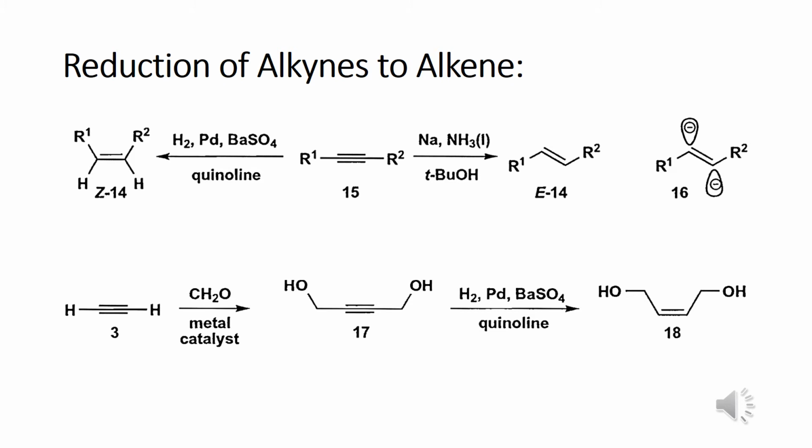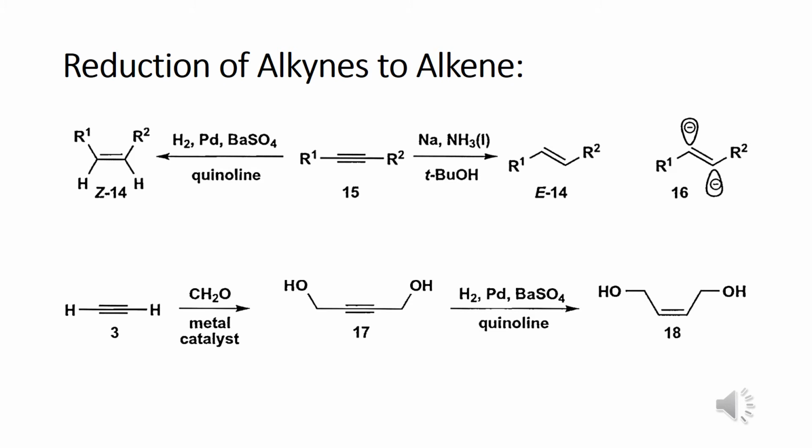Catalytic hydrogenation using the Lindlar catalyst to stop reduction at the alkene adds a molecule of hydrogen to one side of the triply bonded acetylene to give the Z isomer, that is structure 14.